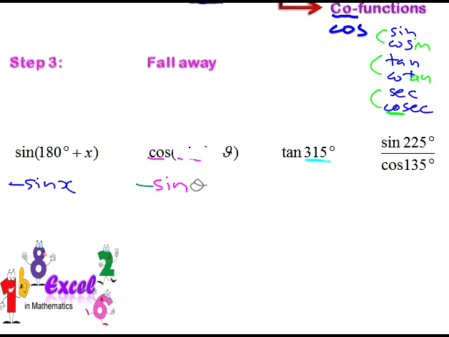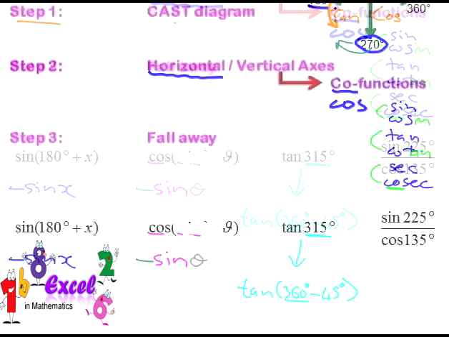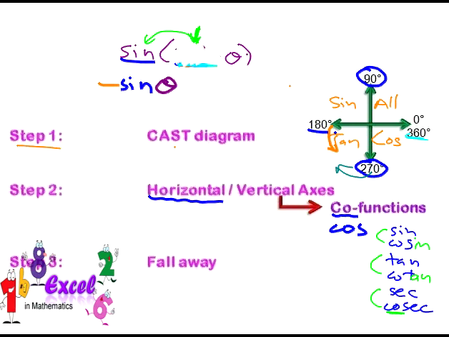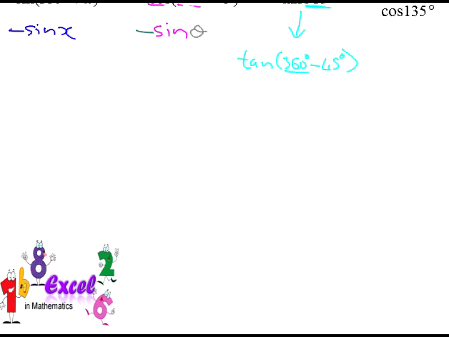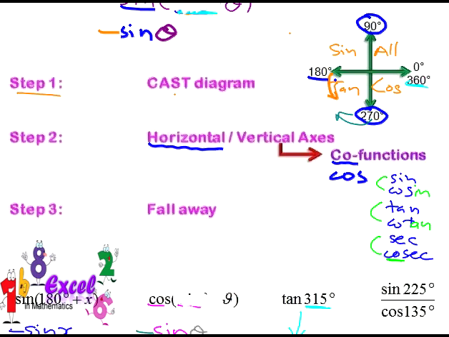When we are working with specific degree values, such as 315, you can write this expression as tan, for instance, of 360 degrees minus 45 degrees. If you don't want to work with the vertical axis, stick with the 360 degrees. As you can see there, that's also a horizontal axis. Now we apply the three-step rule. 360 minus is in the fourth quadrant.